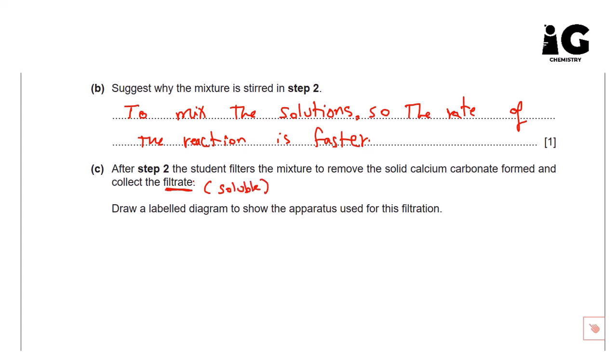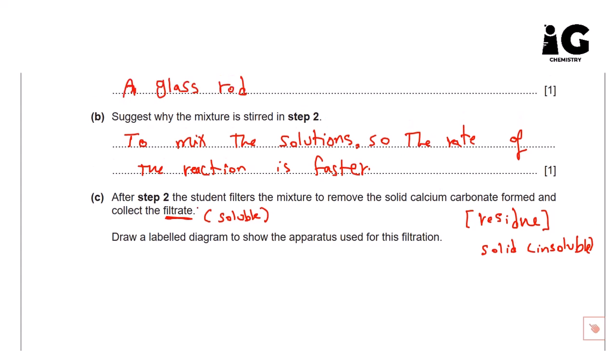The part that is insoluble and has been filtered out is called the residue, which is solid. So after filtering, we have two parts: the filtrate, which is the soluble solution, and the residue, which is the solid insoluble part.